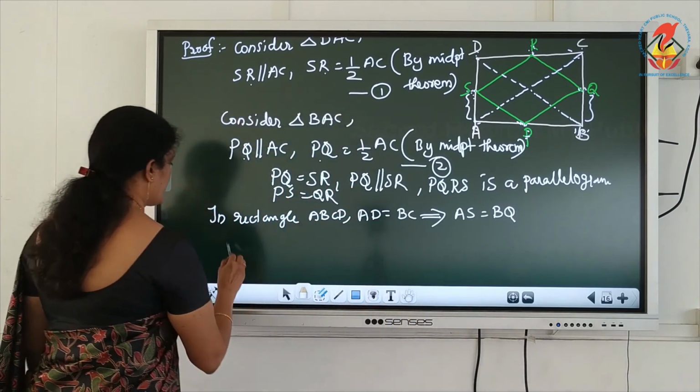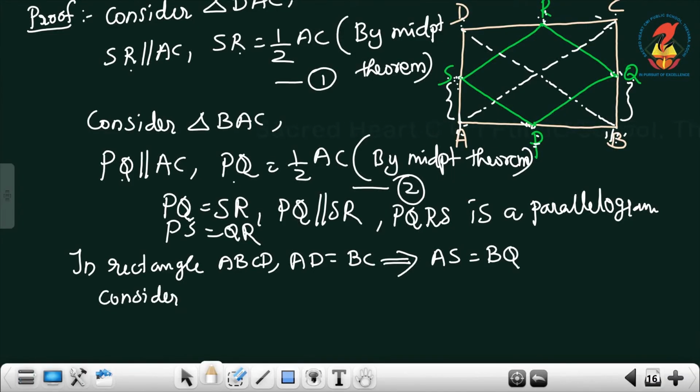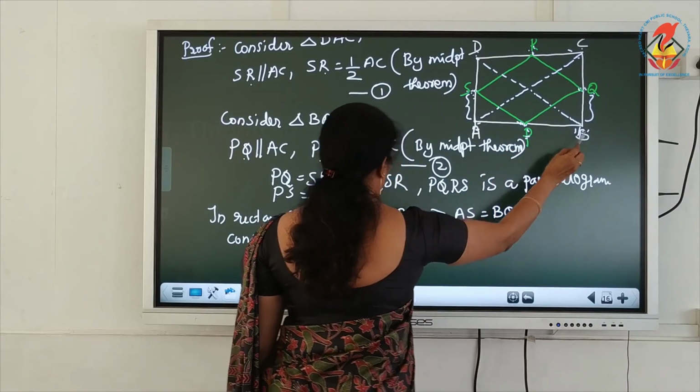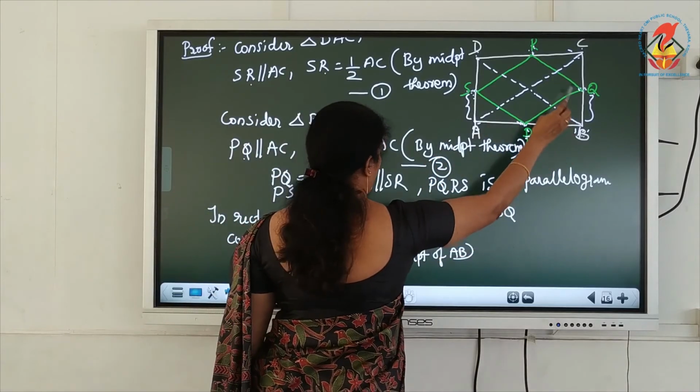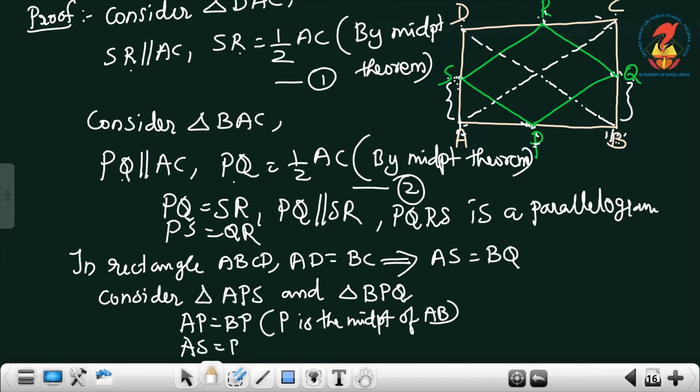Then consider triangle APS and triangle BPQ. AP equal to BP, because P is the midpoint of AB. Next, AS equal to BQ, already proved.